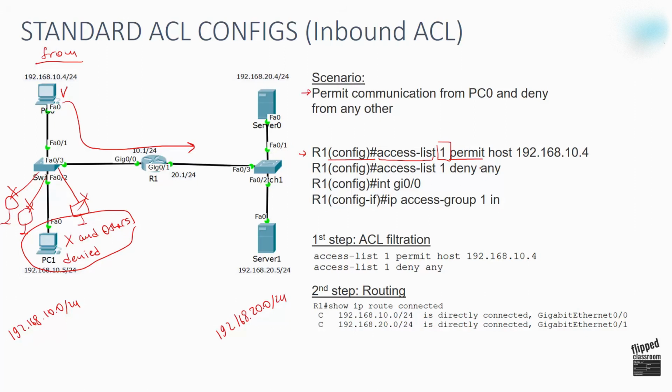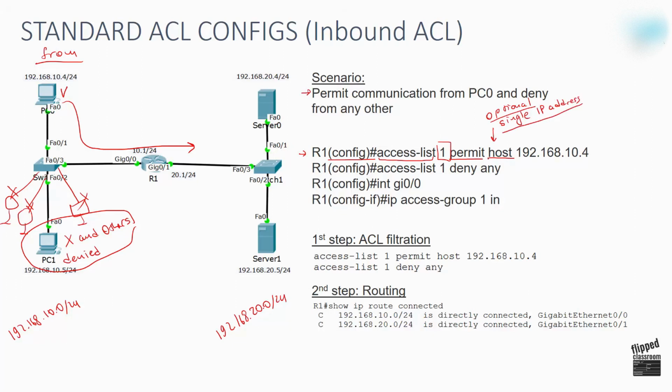So we are defining permit. Access list number 1, which will make a permission to, so here we have the host. Well, this is an optional value, which is defining a single IP address.